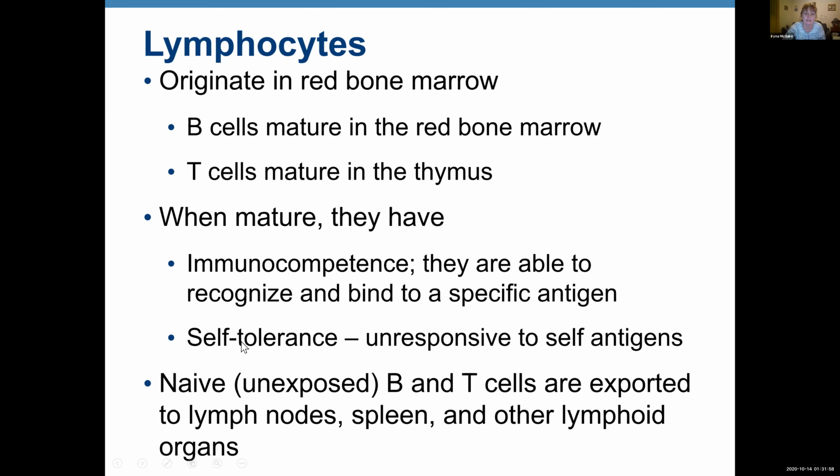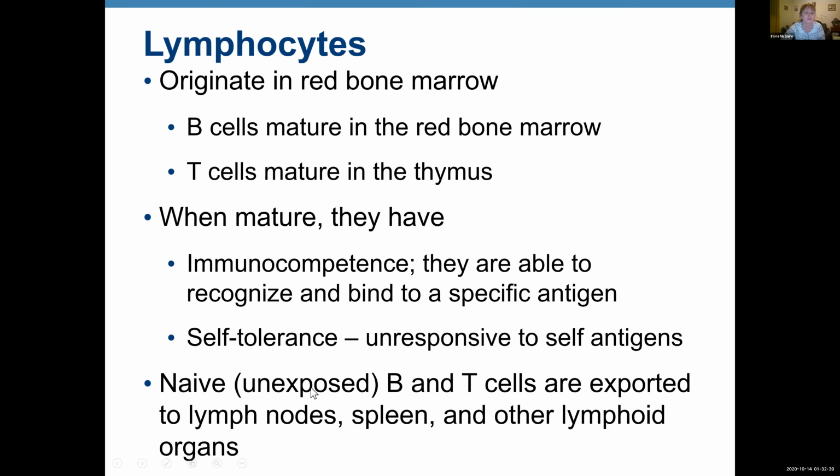So immunocompetence and self-tolerance. When they became immunocompetent and self-tolerant, and they still stay in the thymus and bone marrow, we call them naive. Naive means they were never exposed to a pathogen yet.